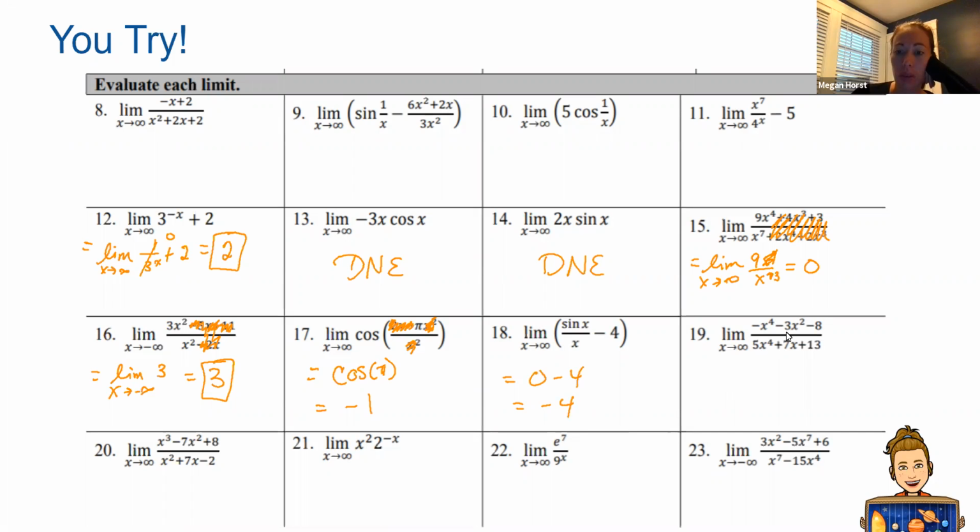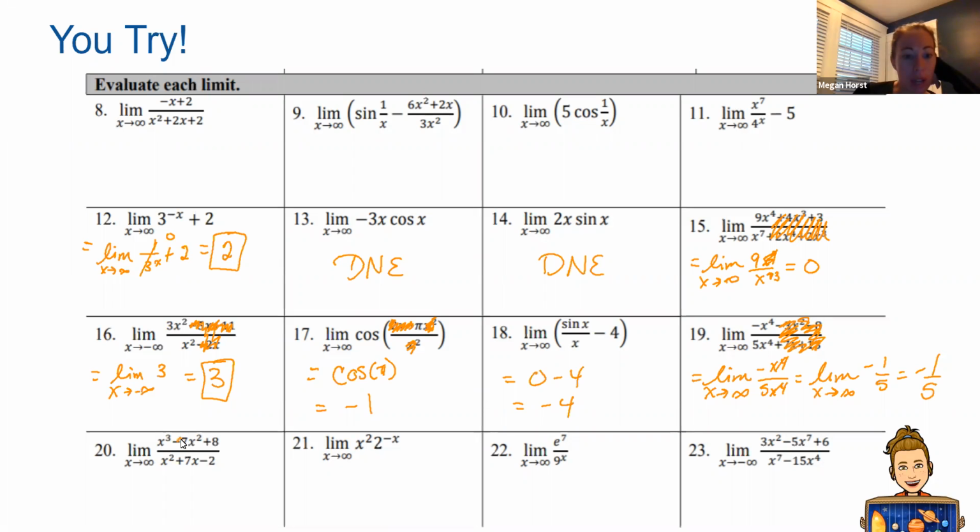All right, x is going to positive infinity. These ones will cancel out. I have the limit as x goes to positive infinity of negative x to the fourth over 5x to the fourth. So these guys cancel. That's like the same thing as having the limit as x goes to infinity of -1/5, which is going to give me -1/5.